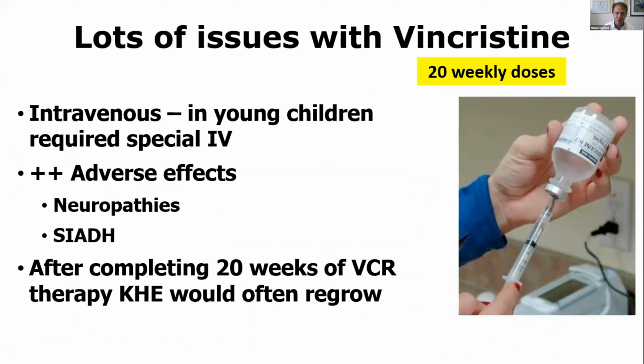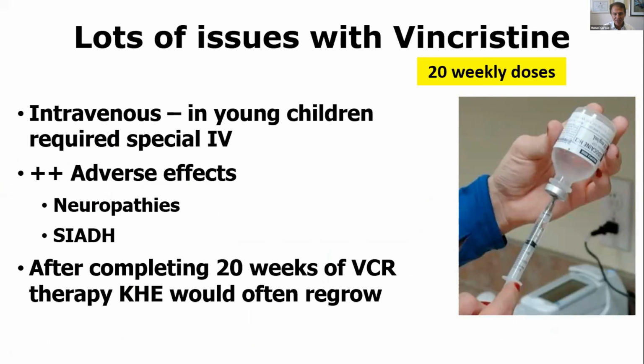The problem with Vincristine is that there's a lot of issues with it. First of all, I had to administer 20 weekly doses. So once a week, these children would come to the clinic and would get an intravenous injection of Vincristine. They didn't like the fact it was intravenous. In very young children, you need to put in a special IV to administer Vincristine, an IV called a PICC line.